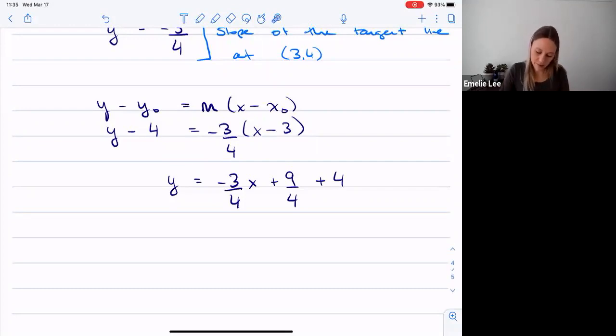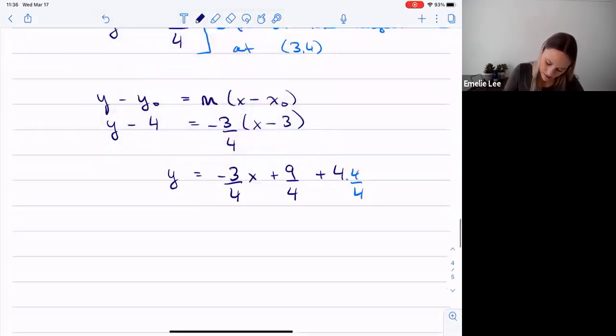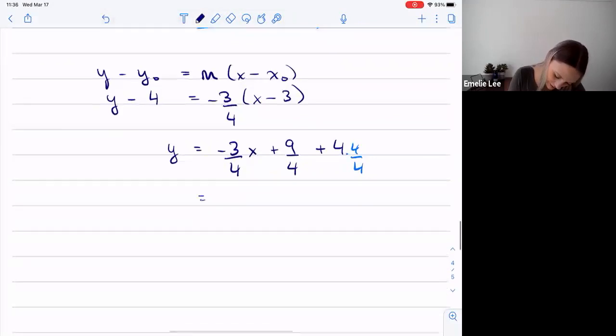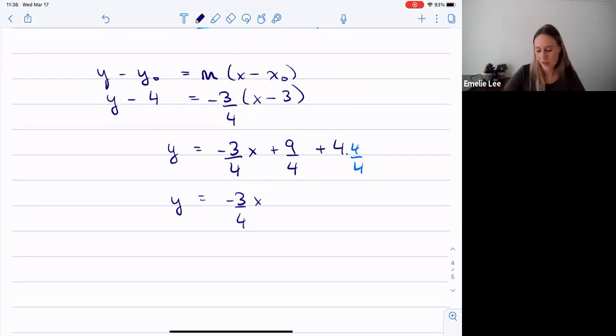I'm going to need a common denominator here to combine these constants, 9/4 plus 4, which means I need to multiply 4 by 4/4. And I get y equals -3/4 x plus (9 plus 16)/4, putting me at plus 25/4.